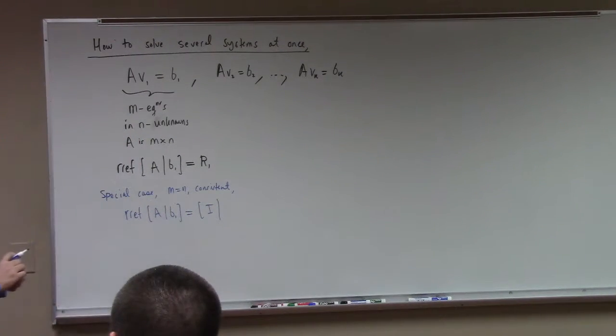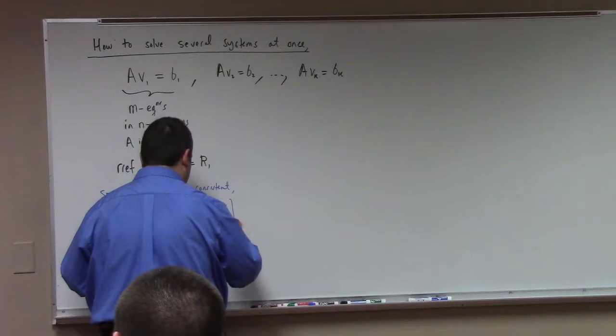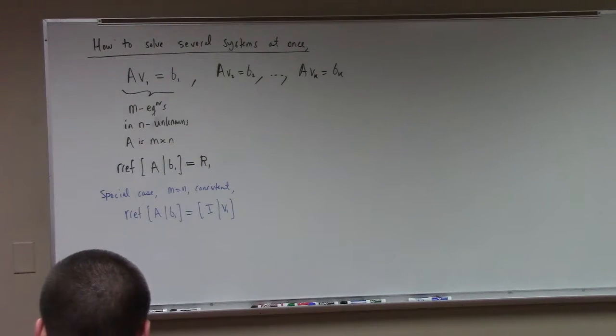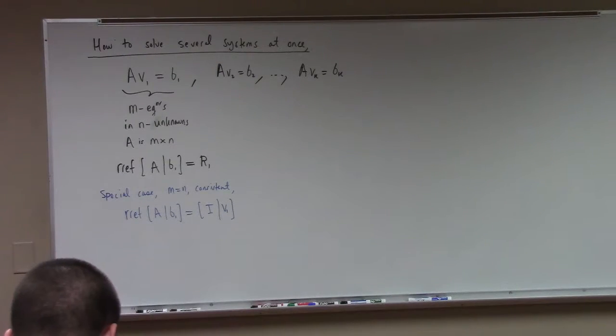And what's the last column become? V1, right? Indeed. So we can just straight up read the solution off the last column if we're dealing with the case of as many equations as unknowns, and it happens to be consistent. But that's a special case. Generally speaking, we have to run through the parameters and the dependent versus independent variables.